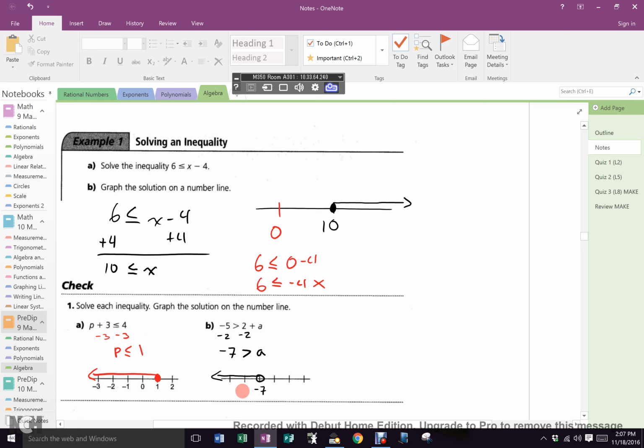Because even -7's not allowed. But -7.0000001 is. Okay? Up to, but not including. That is a very important concept for you over the next couple of years. Yes?